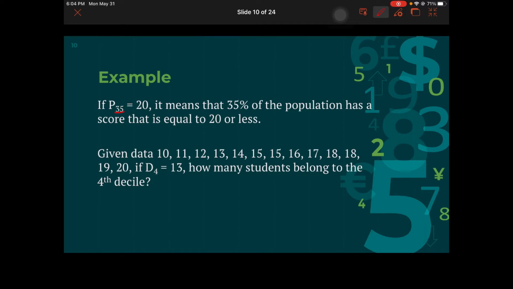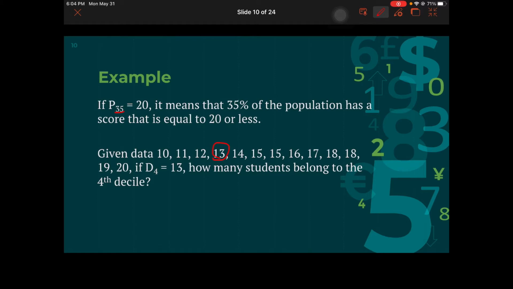Now, let's have a solid example. Given this data set, meron tayong 10, 11, 12, 13, 14, 15, 15, 16, 17, 18, 18, 19, 20. Okay? At ang D4 daw ay nasa 13. So, the 4th decile is 13. How many students belong to the 4th decile?